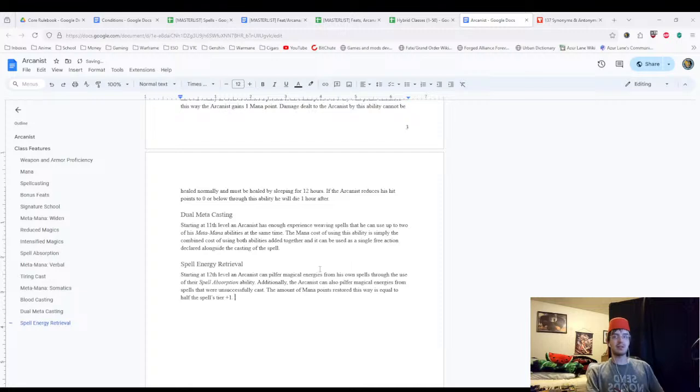It's equal to half the spell's tier plus 1. So you're guaranteed 2 mana points if an enemy caster crit fails their spell. You can restore.